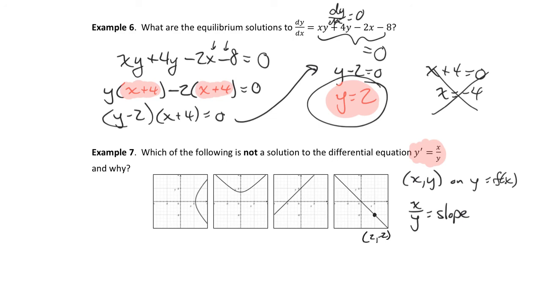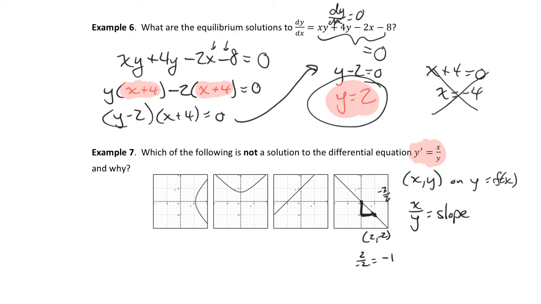If I divide x by y, 2 divided by negative 2, I end up with negative 1. Is that what the slope is there? Well, let's see. This is a linear function. The slope is always negative 1, isn't it? We're going down, like here we go down 2 and over 2. So it'd be a slope of negative 2 rise over 2 run. Yeah, that seems to be right.